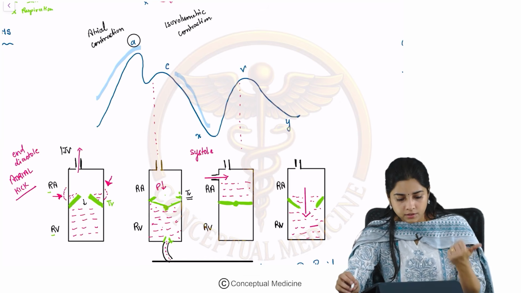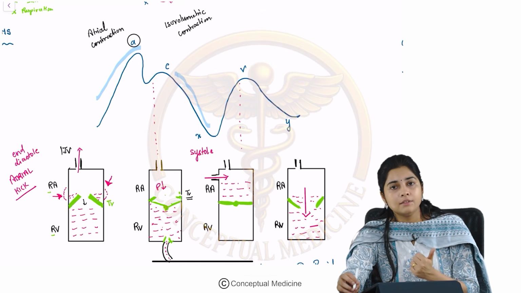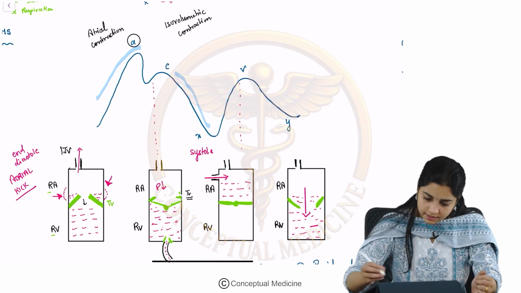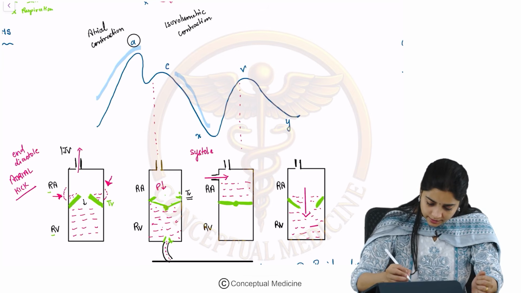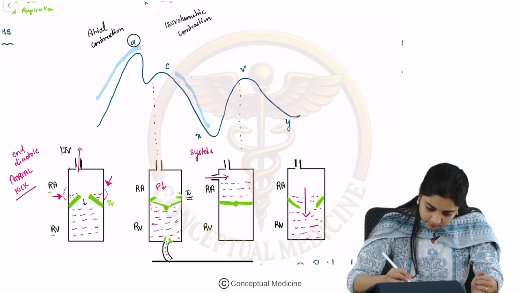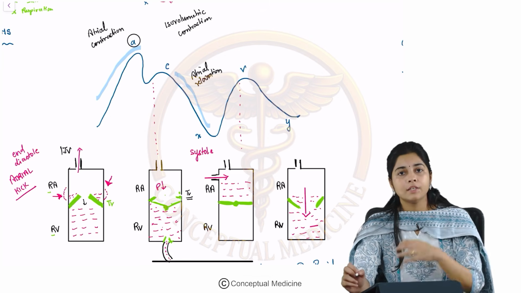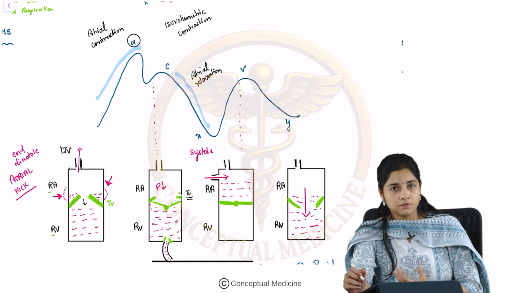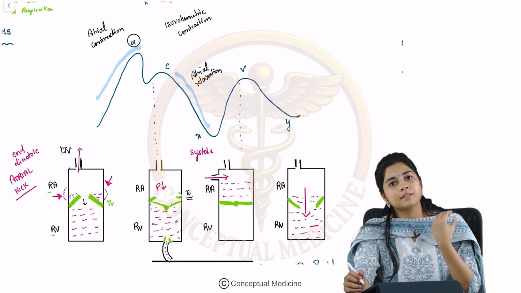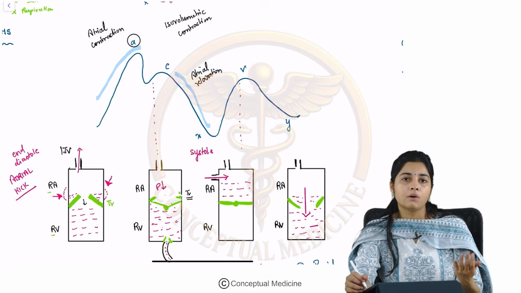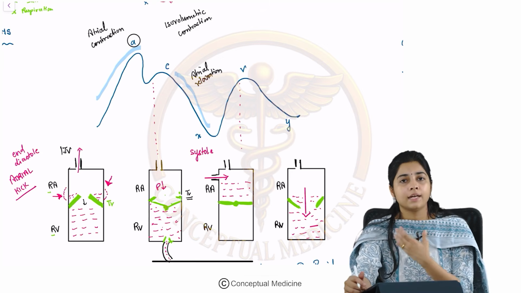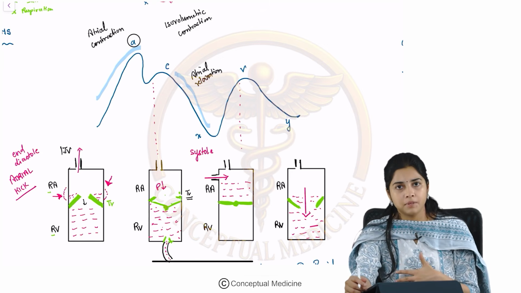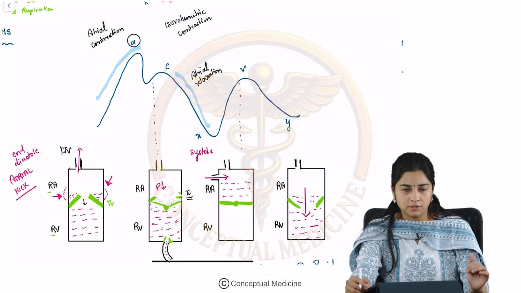Okay. So what is the X descent due to? X descent is basically due to atrial relaxation, right? So when the tricuspid valve moves downward into the RV and the systole is happening, this also means that the atria is in diastole or the atria is relaxing so that it can start receiving the blood from the systemic circulation, right?